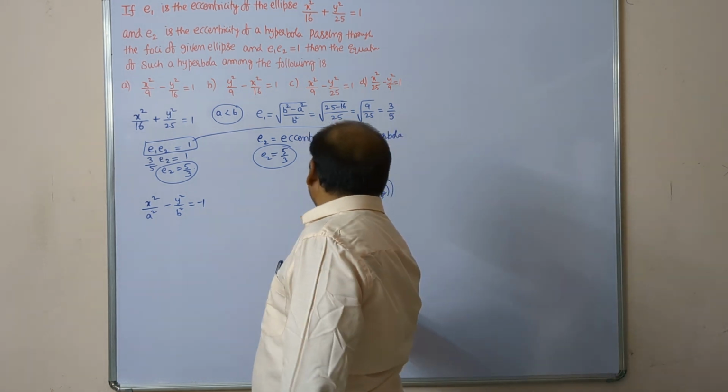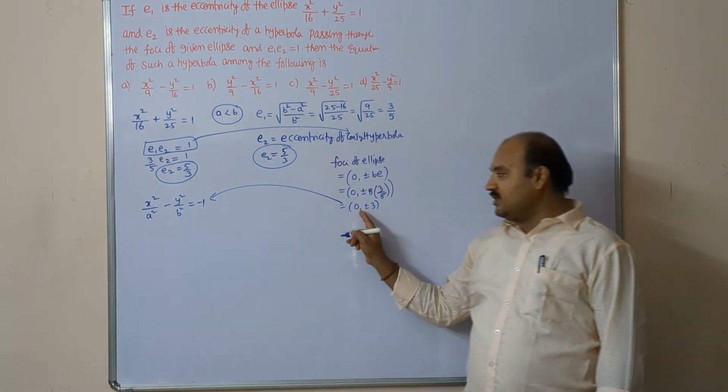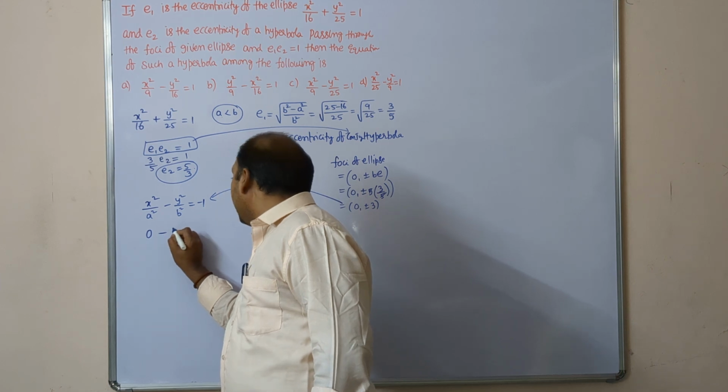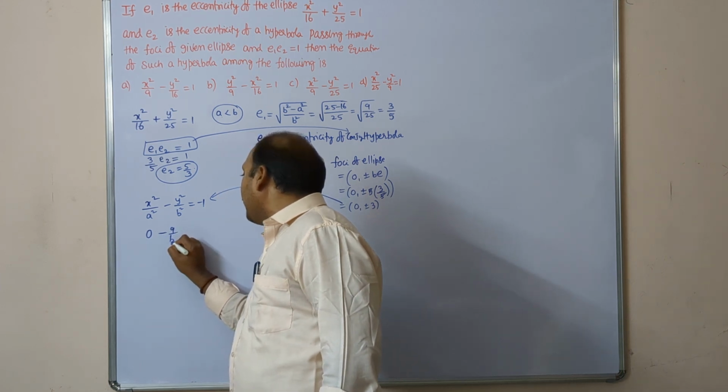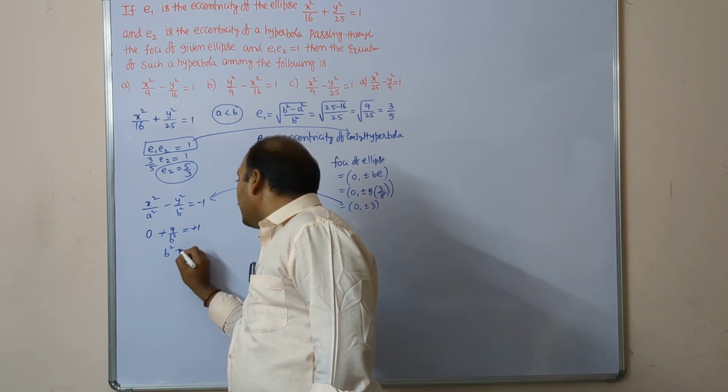This equation is passing through 0 comma plus or minus 3. So 0 minus y square, plus or minus 3 whole square by b square is equal to minus 1. So b square is equal to 9.